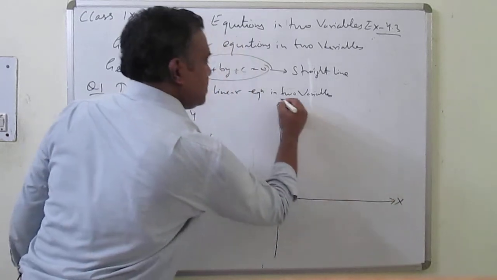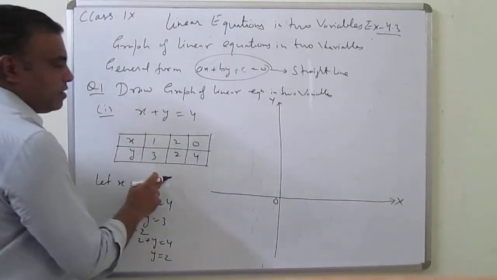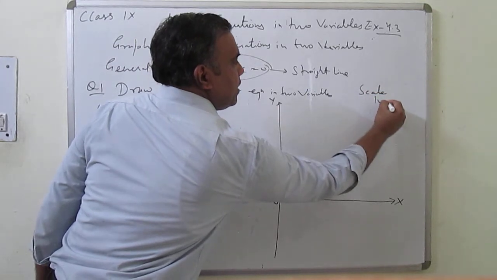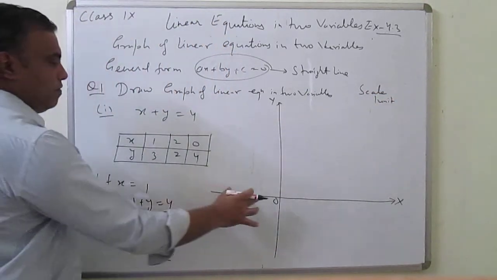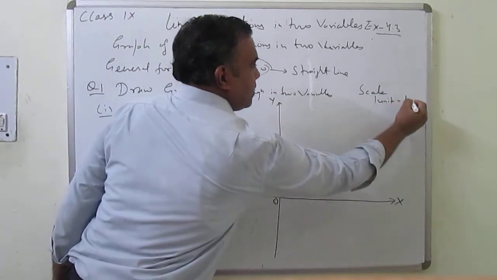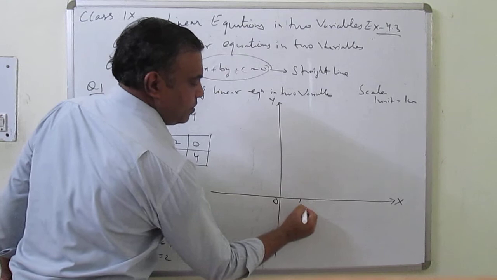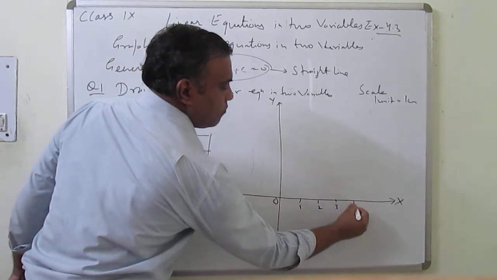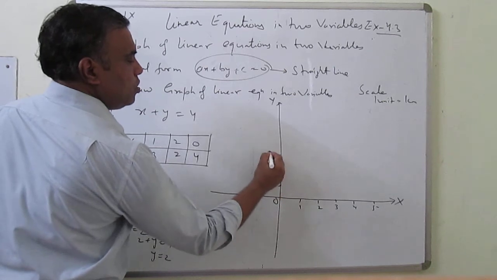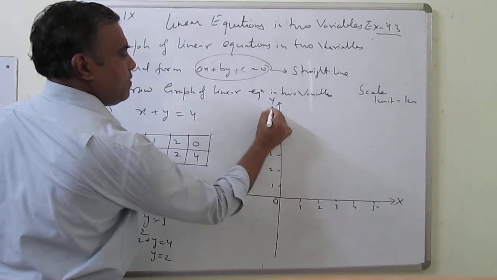This is the x-axis, this is the y-axis. Now the scale you can take: 1 unit is equal to 1 centimeter. 1 centimeter को आप 1 unit, 2, 3, 4, 5, 1, 2, 3, 4, 5.